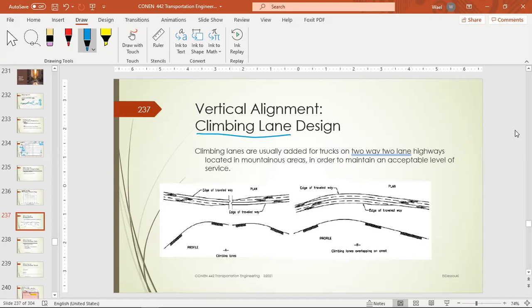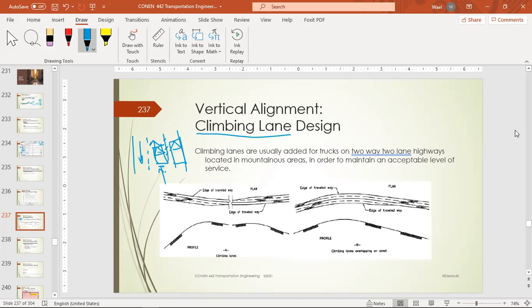So if we have a two-lane highway going up on an upgrade, if there's a truck, it's going to drop in speed and block the road. So that's why we create a special lane, we call it a climbing lane, for the trucks to drive through.